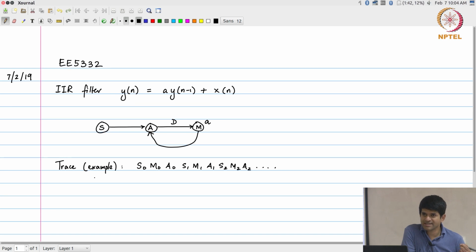What we would like to understand is, are there any fundamental properties, any limitations on the kind of different traces that we have, and in turn can we get some useful information from understanding those traces. Okay. Now again, the way that I have written the trace over here makes it explicit that first S0 happens, then M0, then A0, then S1, M1, A1, etc. That is how it would look, for example, if you were writing C code to implement this entire system, right?